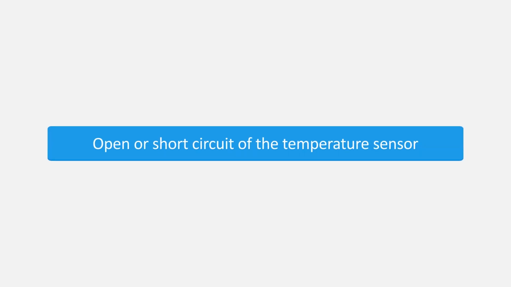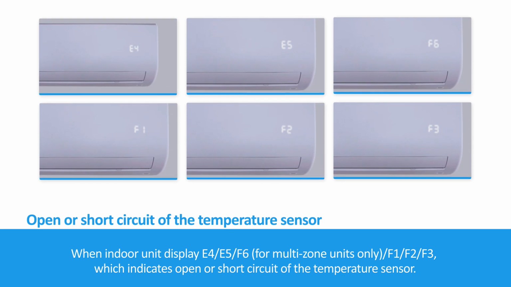Open or short circuit of the temperature sensor. When the indoor unit displays E4, E5, F6 for multi-zone units only, F1, F2, F3, which indicates open or short circuits of the temperature sensor.